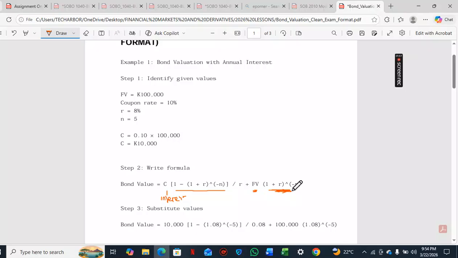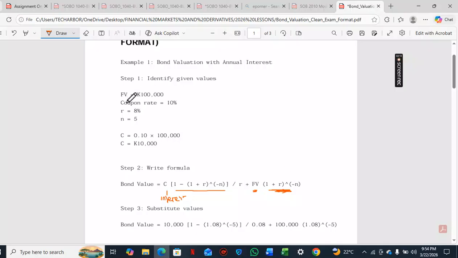Then also, when the bond matures and you're paid the face value or par value, you're also converting how much that will be in today's terms. That's the whole logic behind getting the value of a bond. You're just getting the present value of all the money in the future that you receive. You want to find its value today.